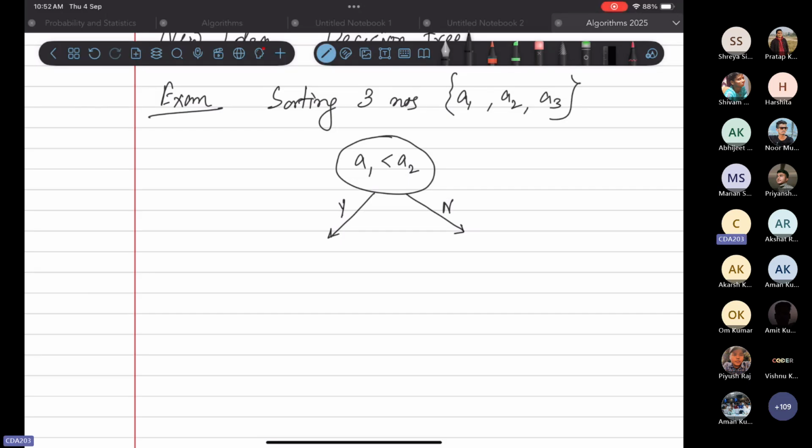So let's say A1 is indeed smaller than A2. This answer is yes, so I'll be in the left part. Then I'll be comparing A1 with A3. Again this answer could be yes or no.